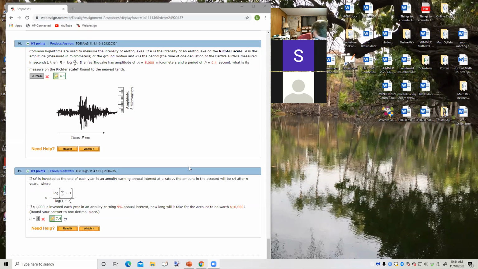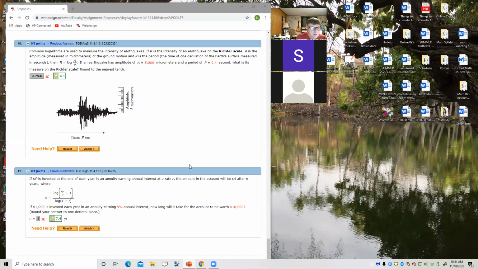Then R equals the log of A over P. If an earthquake with an amplitude of A equals 5,000 micrometers and a period of P equals 0.4 seconds, what is its measure on the Richter scale, round to the nearest tenth?